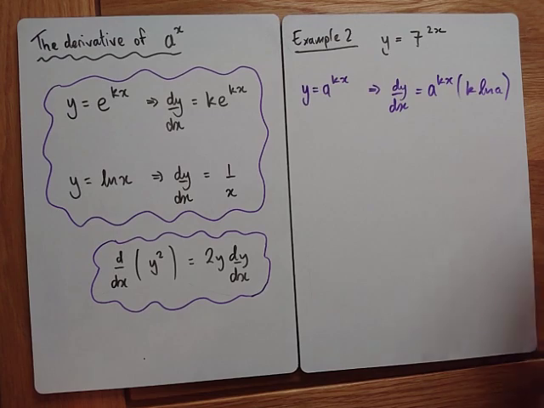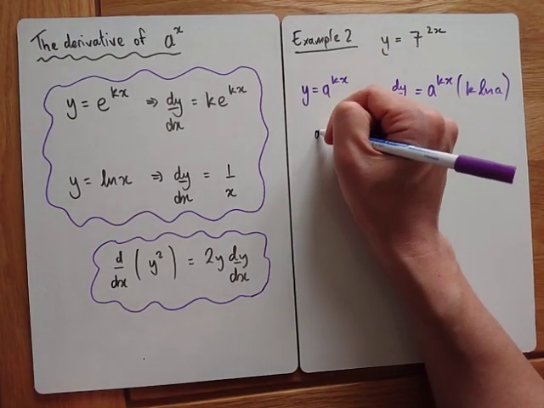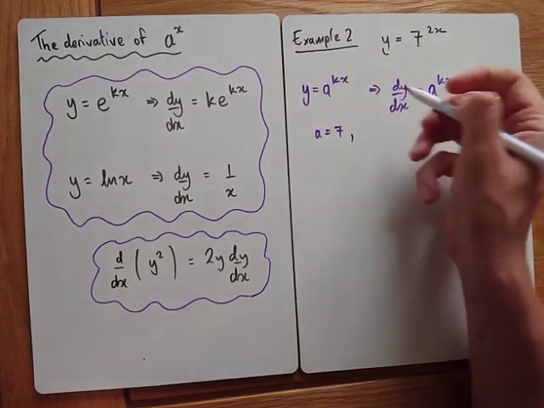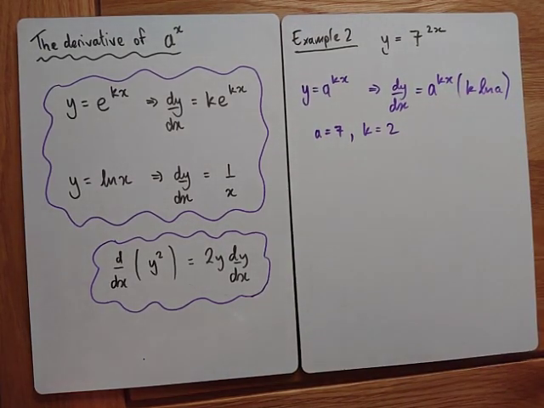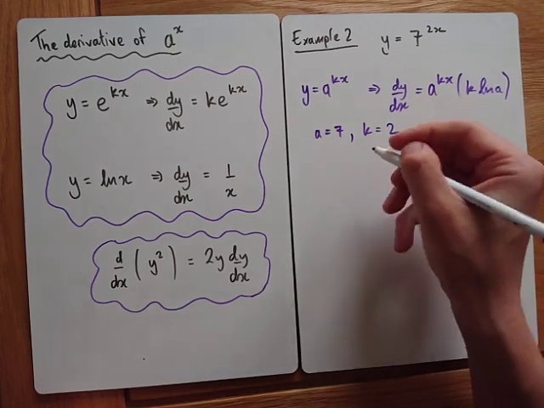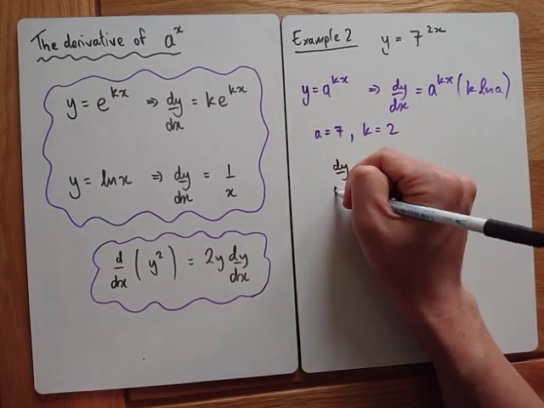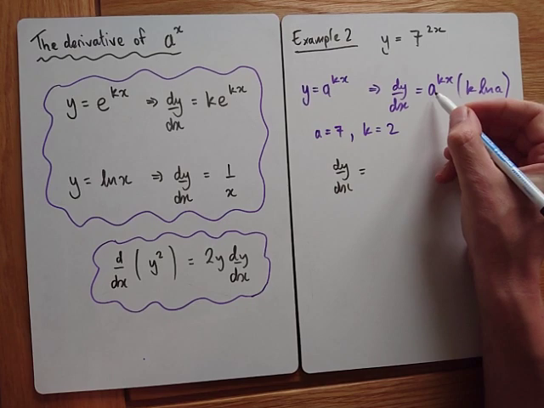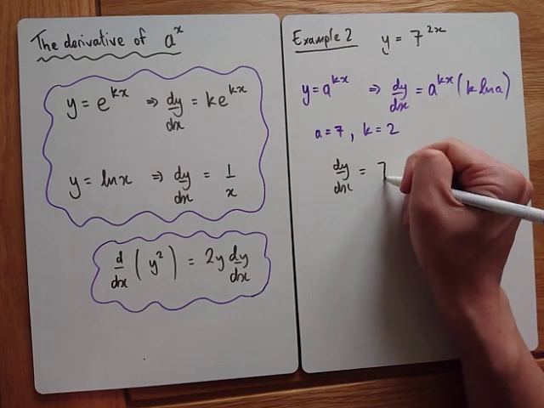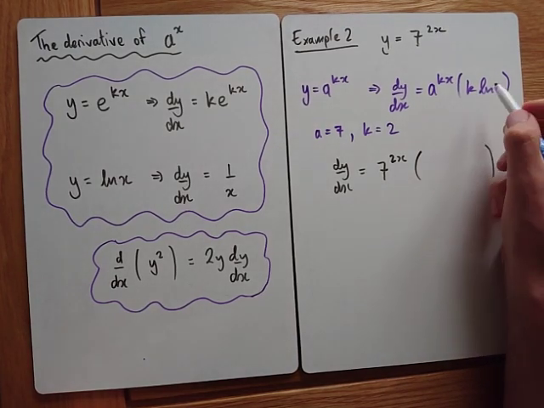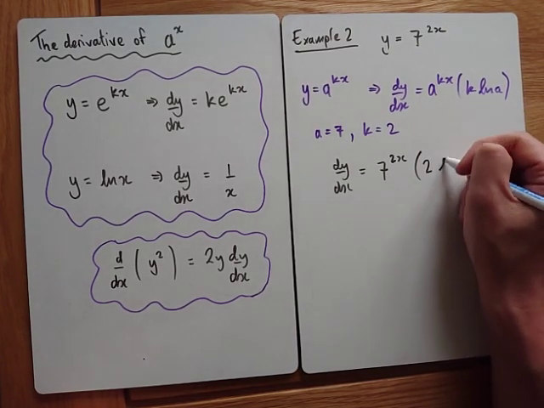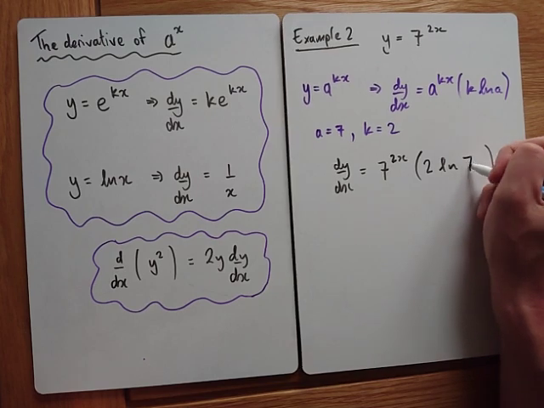It's not a show question, so realise that a is equal to 7 in this question, k is equal to 2. You don't get this in the formula booklet, so you will have to remember it. dy by dx would equal a to the kx, which is 7 to the 2x, multiplied by k, which is 2, ln a, which is 7.